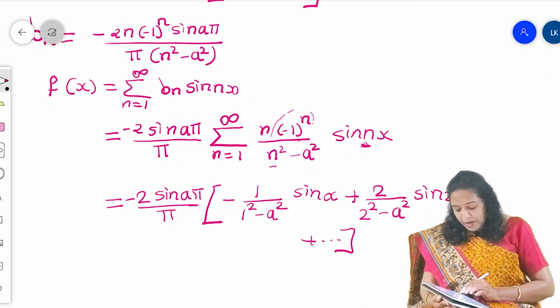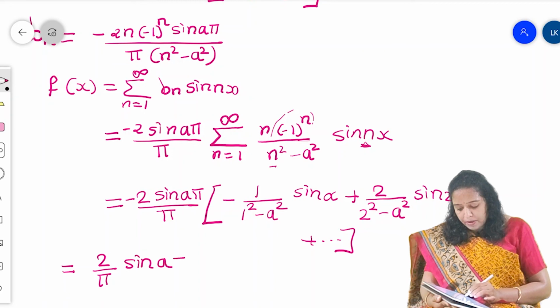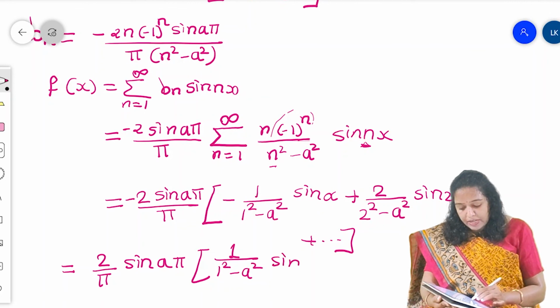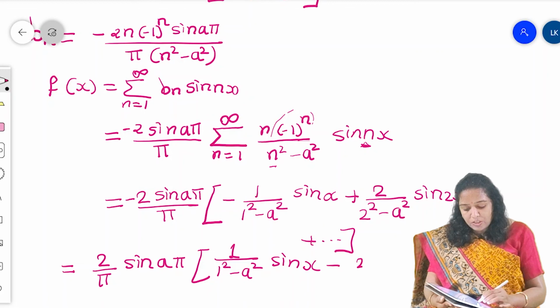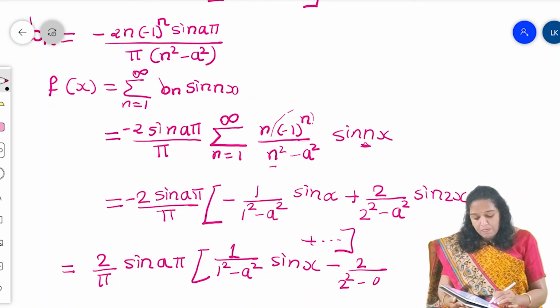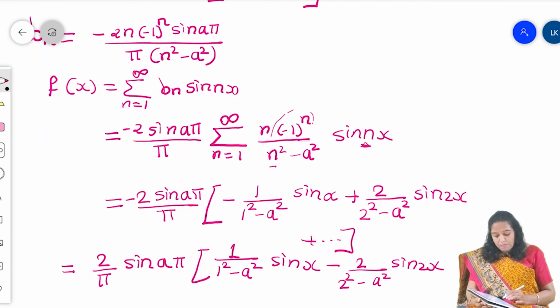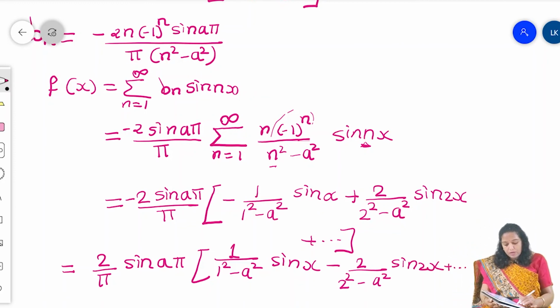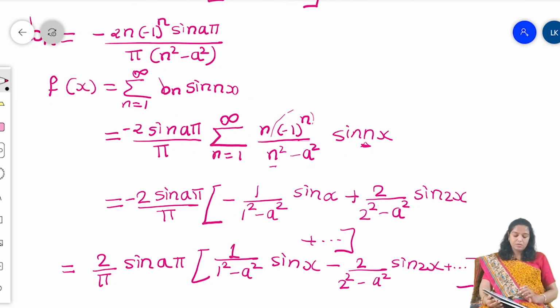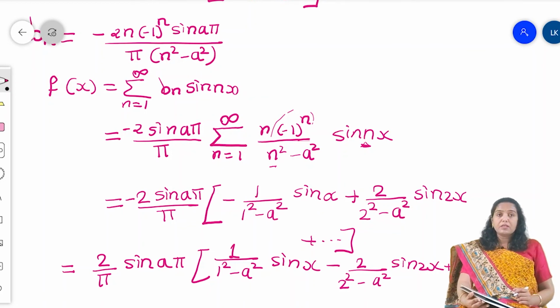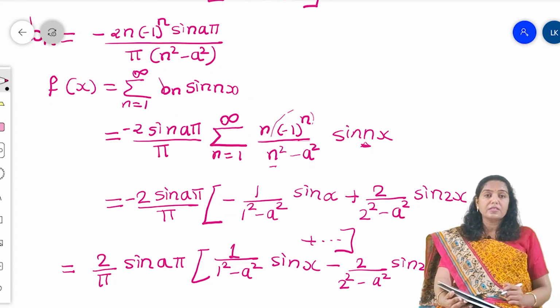If we are taking minus outside, minus minus plus, 2 upon pi sine a pi, 1 upon 1 square minus a square sine x minus 2 upon 2 square minus a square sine 2x plus 3 upon and so on. Clear? This is the half range Fourier sine series.